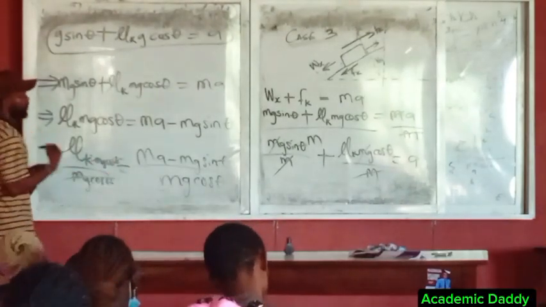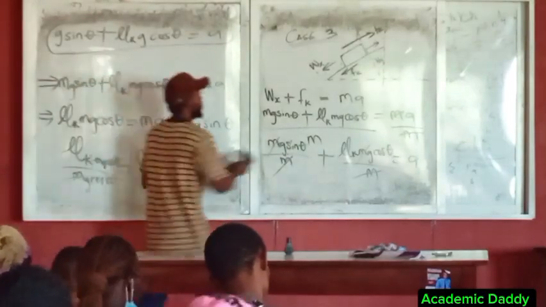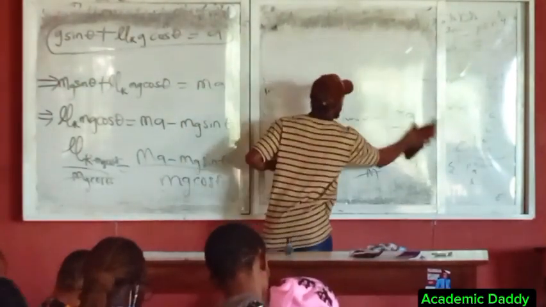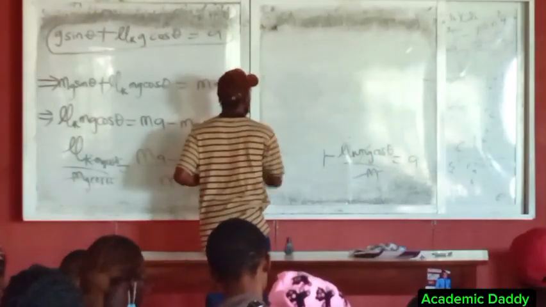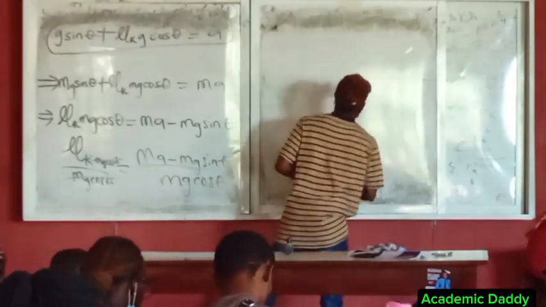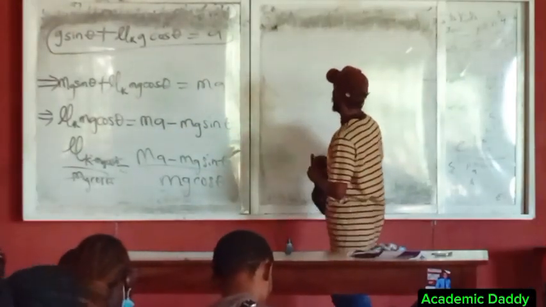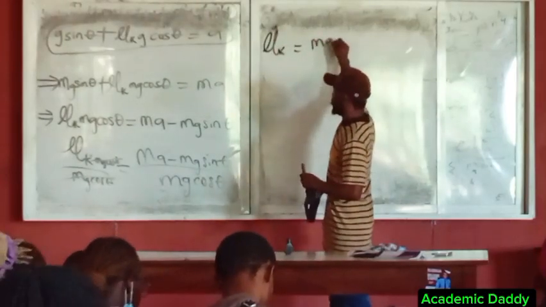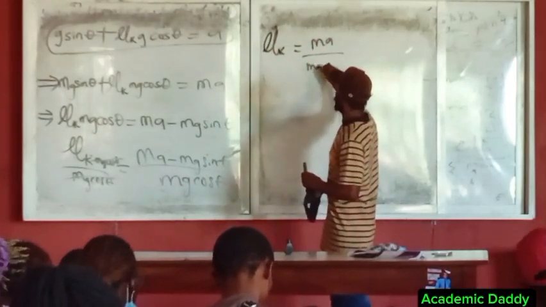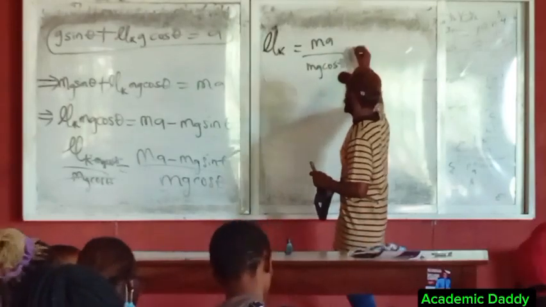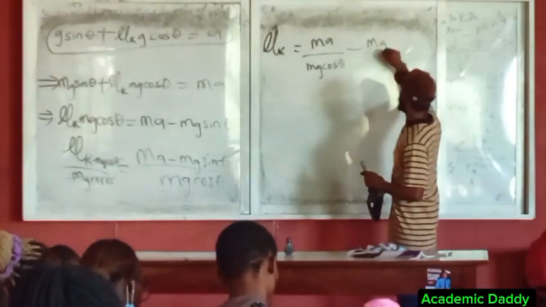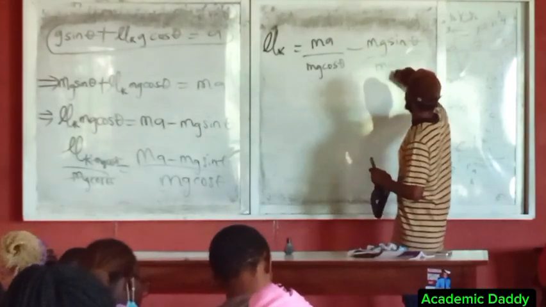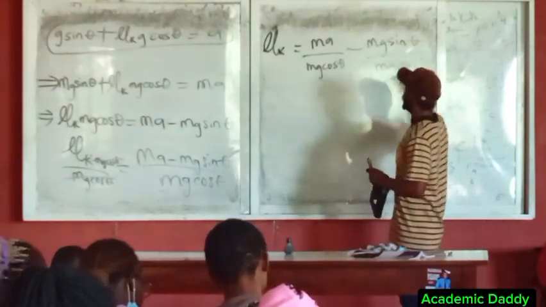So you see that the mg cos theta will get out. Please, we are trying to be fast. So I now have the coefficient of kinetic friction equal to ma over mg cos theta minus mg sin theta over mg cos theta.